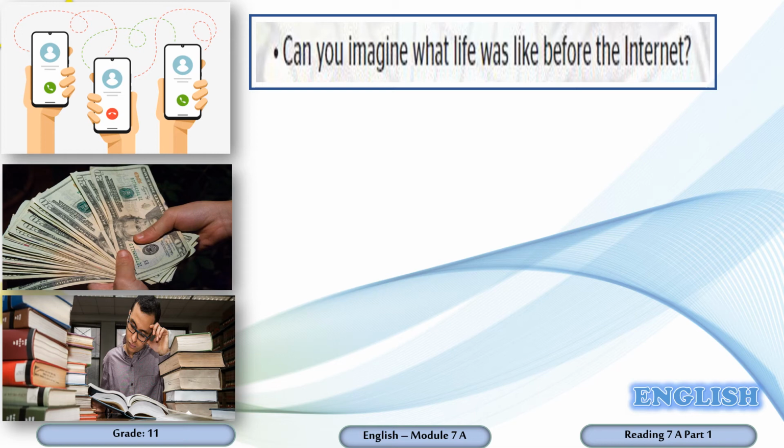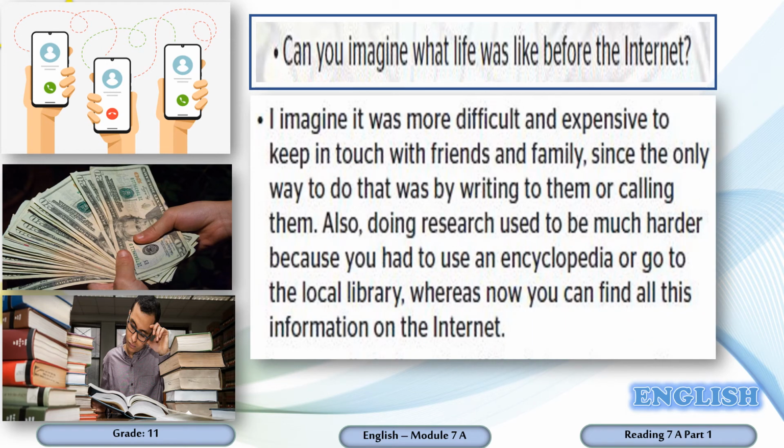Okay, now let's discuss the suggested answer. I imagine it was more difficult and expensive to keep in touch with friends and family, since the only way to do that was by writing to them or calling them.